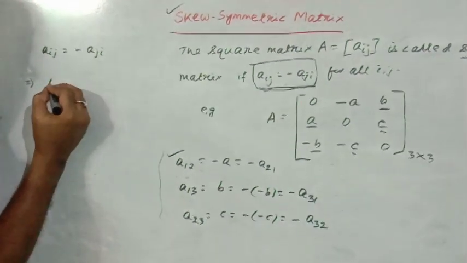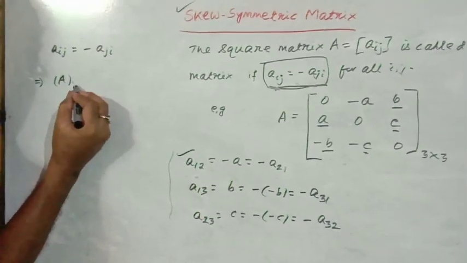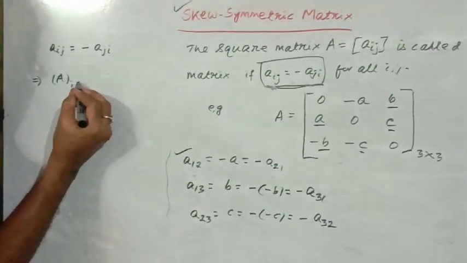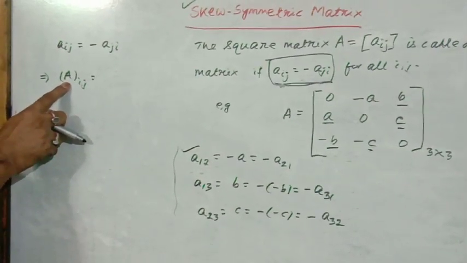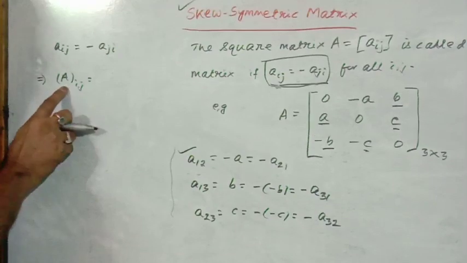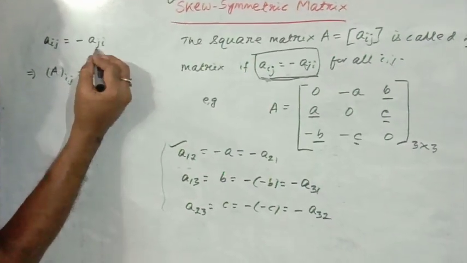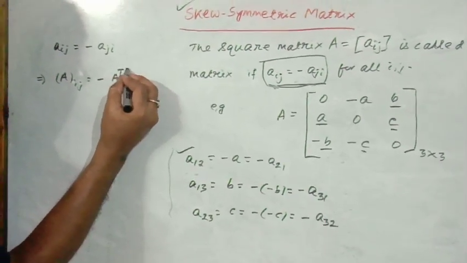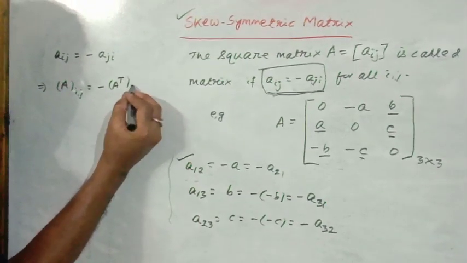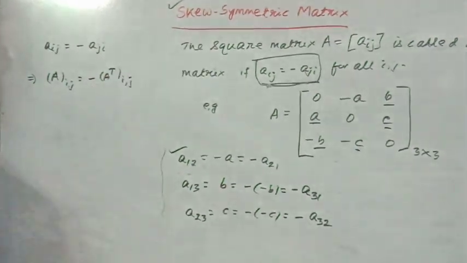Aij is nothing but the ijth element of the matrix A. Minus Aji is nothing but the ijth element of the A transpose matrix.